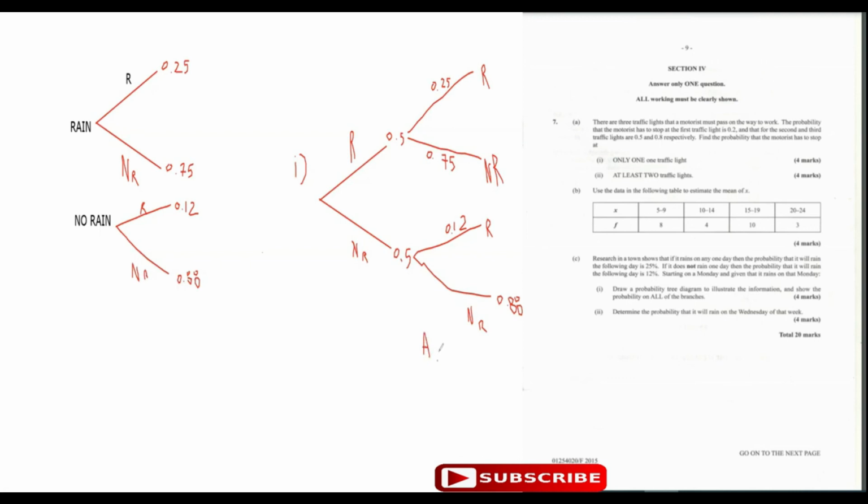Now the question says, determine the probability it will rain on Wednesday of the week, starting on Monday and given that it rains on Monday. So they're telling us that it rains on Monday.